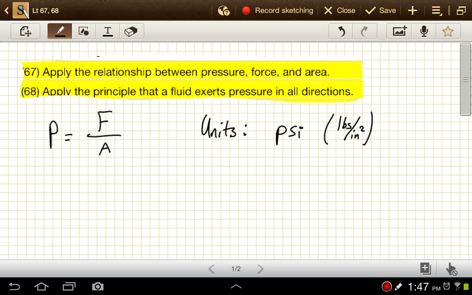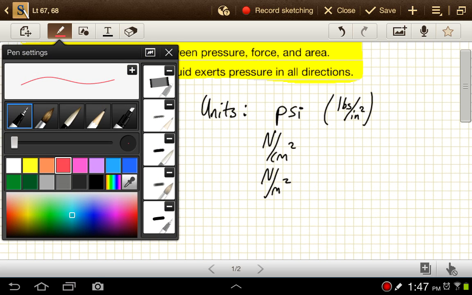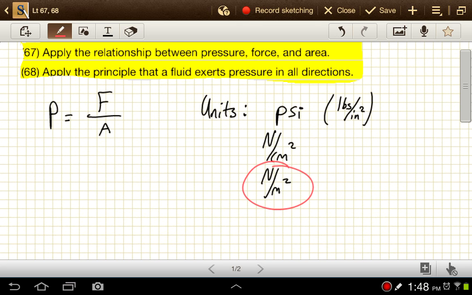In the metric system, we might be more likely to see newtons per square centimeter or newtons per square meter. And it turns out that newtons per square meter is the one that we use most frequently. So we'll make that one special there.